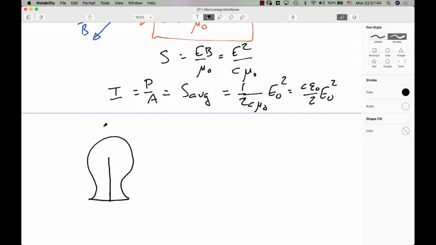It looks like an old style light bulb, except very importantly, it does not have a vacuum inside. It actually has air inside. And then there's this contraption of 4 vanes, usually shaped like a diamond.